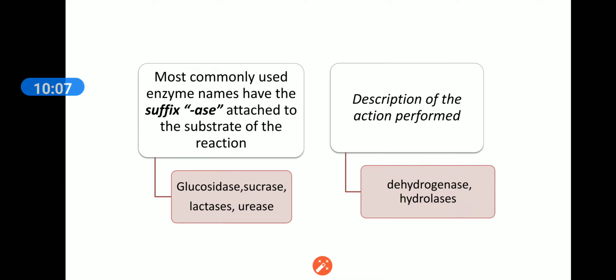Like sucrose: we attach the suffix ase to sucrose, and then the name of the enzyme becomes sucrase. For lactose, we have the enzyme lactase, and urea with urease.